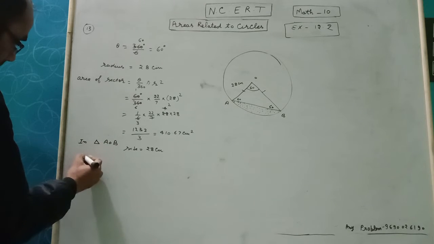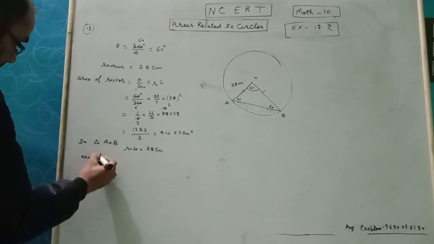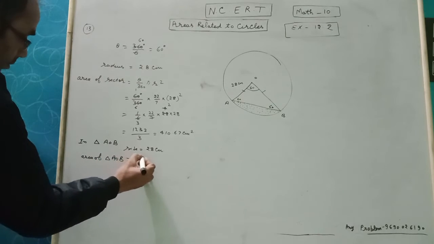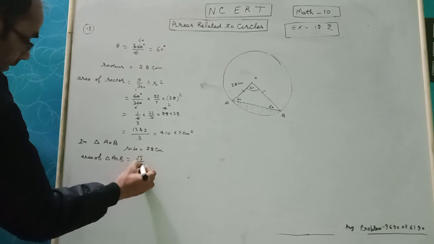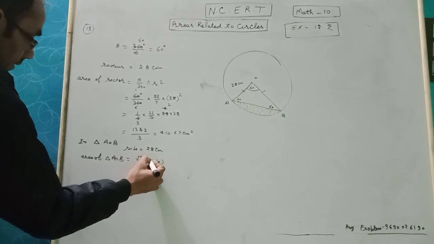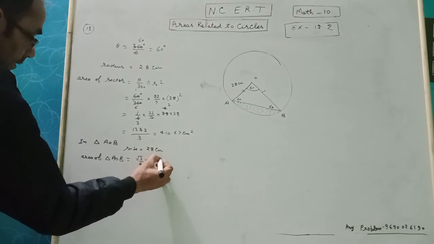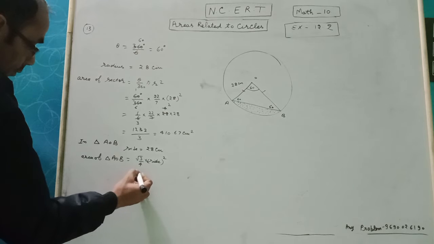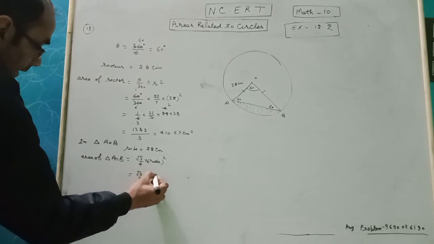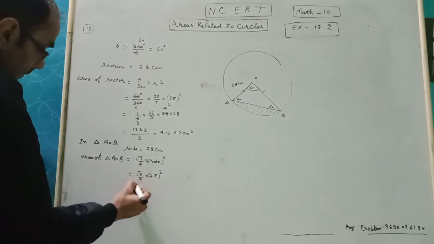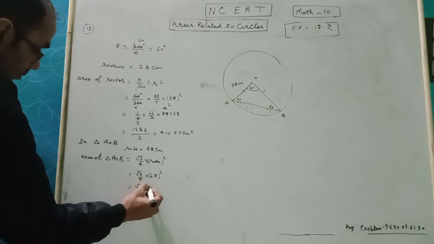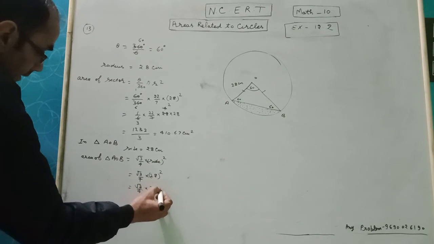Area of equilateral triangle AOB is equal to root 3 upon 4 into side square. That is the formula: root 3 upon 4 into 28 square, root 3 upon 4 into 28 into 28.